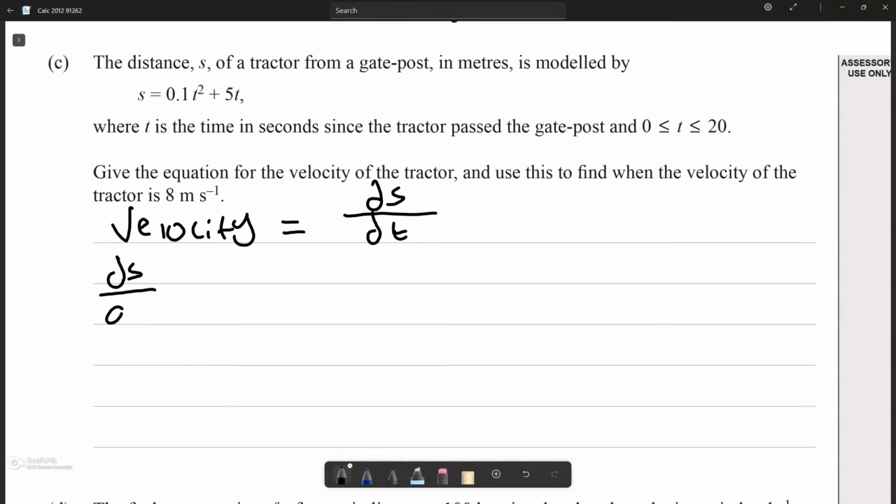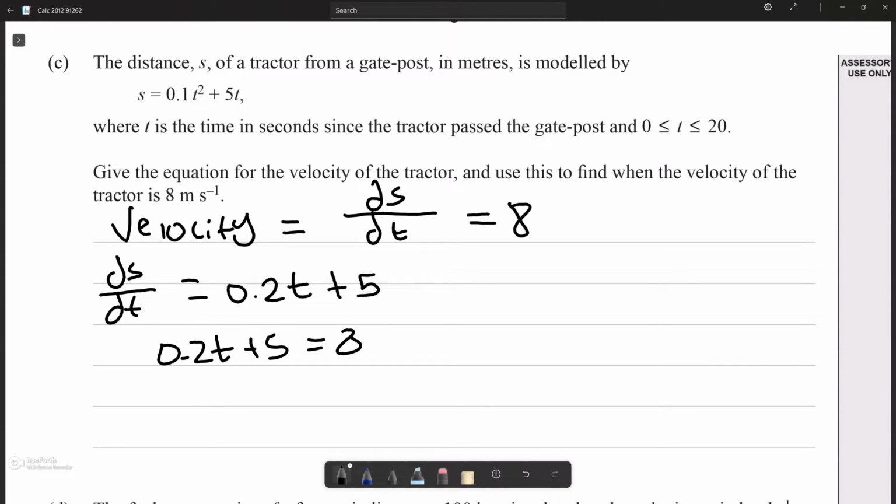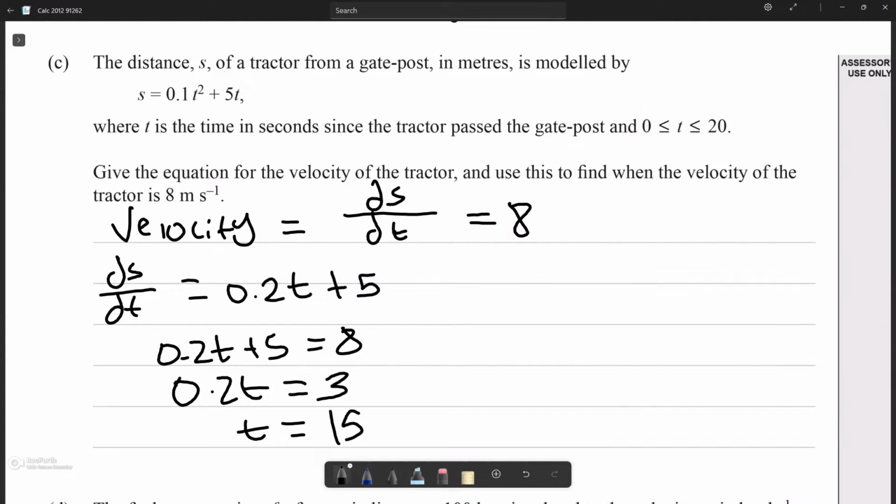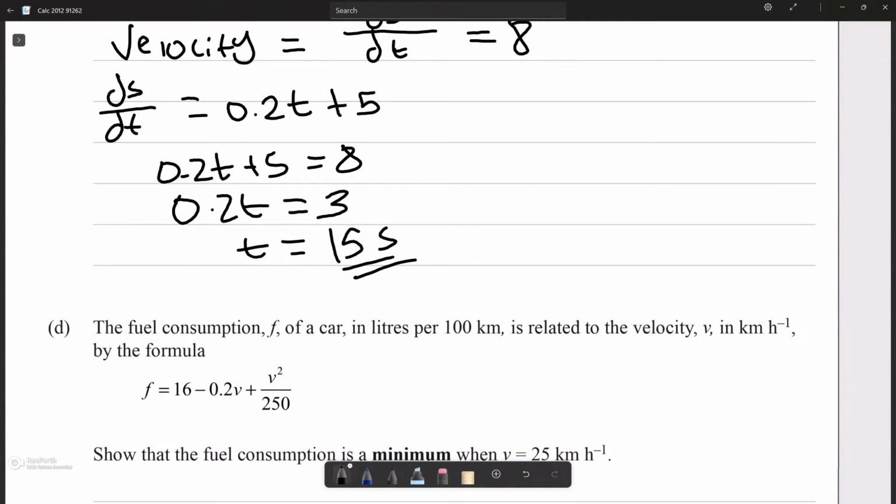So ds over dt is equal to 0.2t plus 5, which is equal to 8, and then 0.2t is equal to 3, and therefore t is equal to 3 over 0.2, which is 15. t is equal to 15 seconds, and the time in seconds. Right, cool.